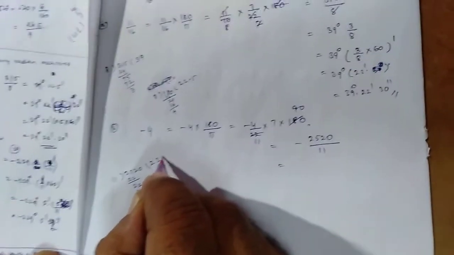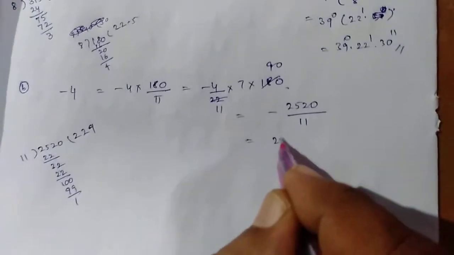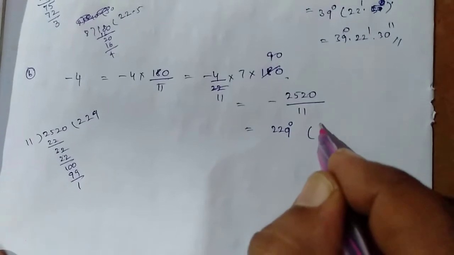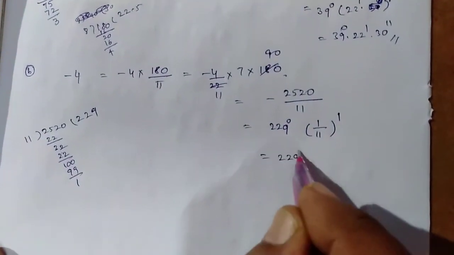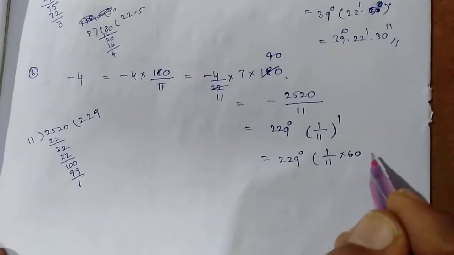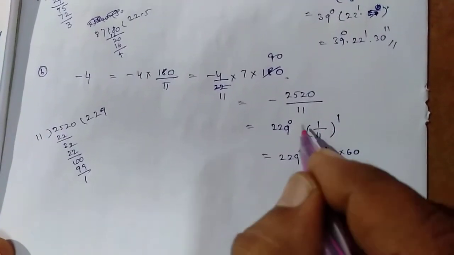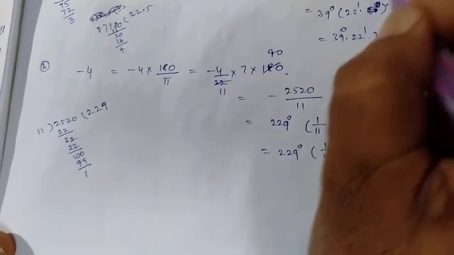11 9s are 99, remainder 1. So 229 degrees, 1 by 11 degrees. That means 229 degrees, 1 by 11 into 60 minutes.